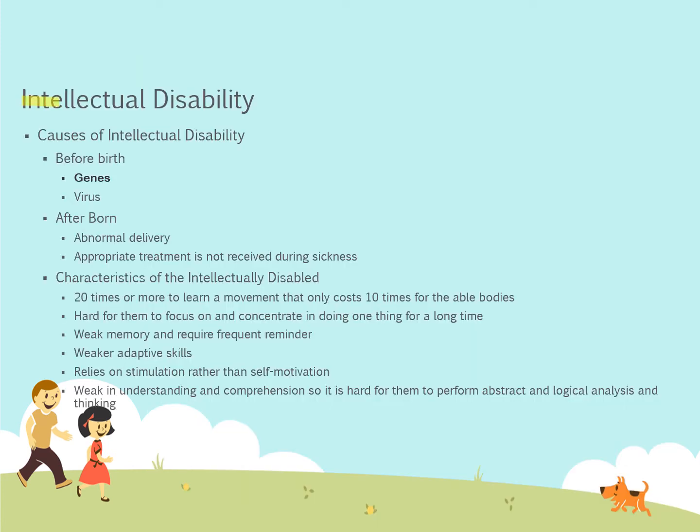So intellectual disability, ID, is your target audience. What is ID? ID refers to the brain function being slow or abnormally developed. That means they have lots of problems with learning or adoption ability.